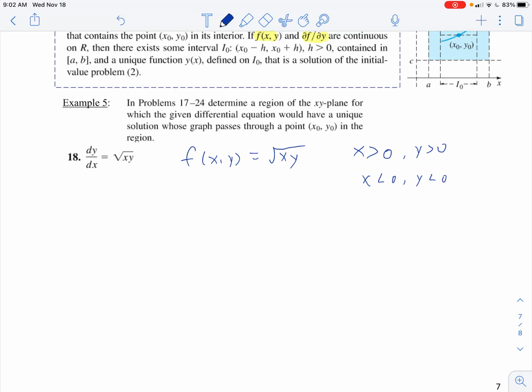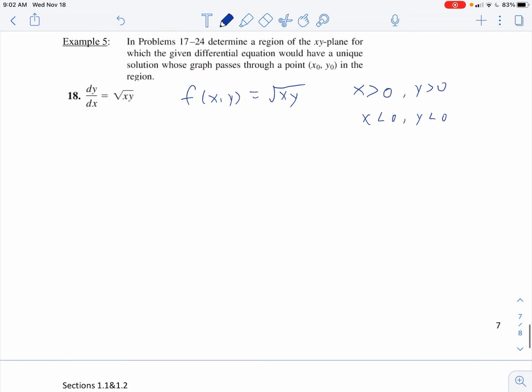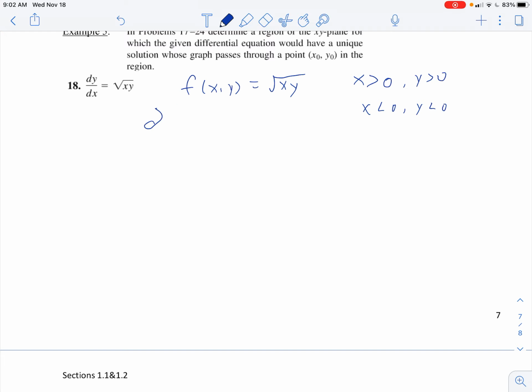Now let's take the partial. So we're going to take the partial derivative of f with respect to y. And so we can look at this as all of xy to the 1/2 power. And so then we'd bring a 1/2 out in front and then take the square root of xy.